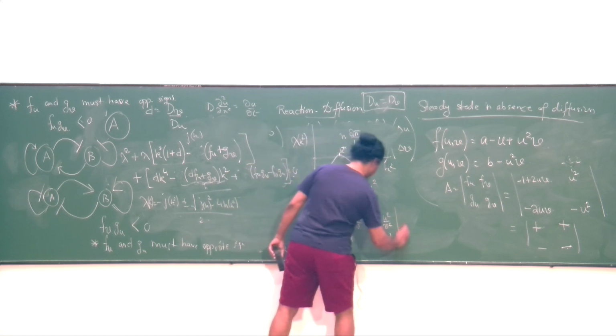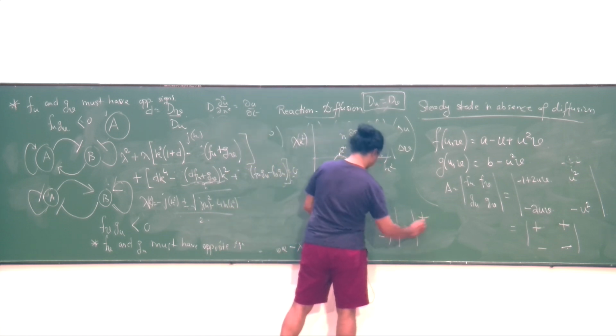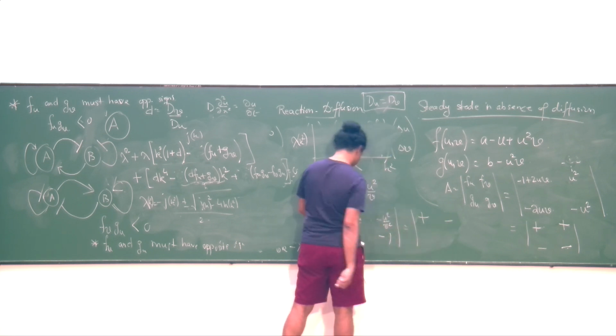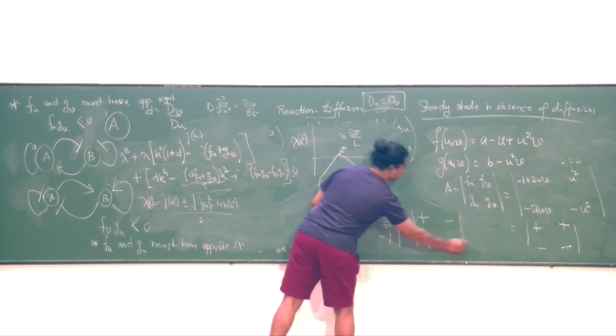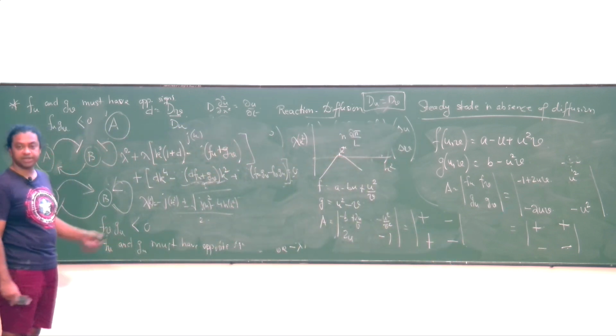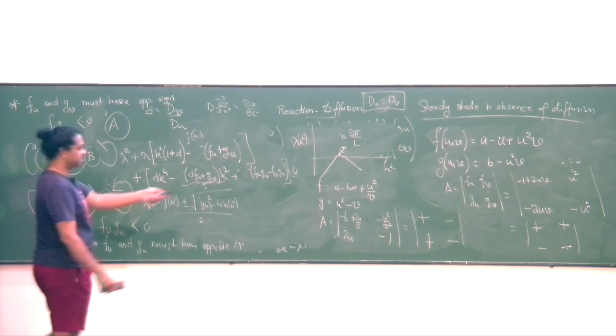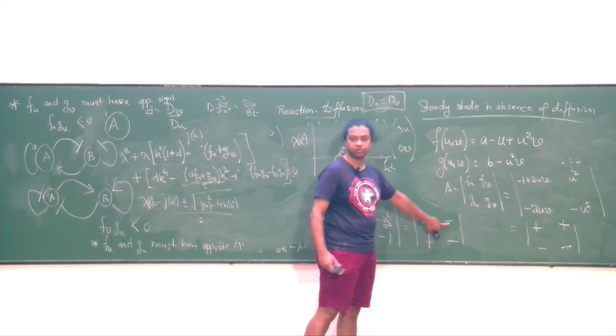So again, this has the structure plus, minus, plus, minus. Again, it satisfies all of my constraints. These two are of opposite signs. These two are of opposite signs.